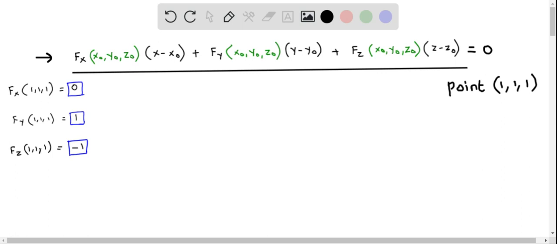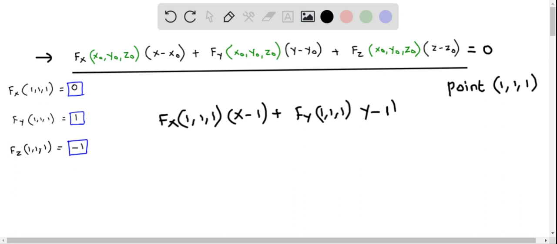That is, we have to write down f_x of (1, 1, 1) times (x minus x naught, which is 1), plus f_y of (1, 1, 1) times (y minus y naught, which is 1), plus f_z of (1, 1, 1) times (z minus z naught, which is 1), and this equals 0.